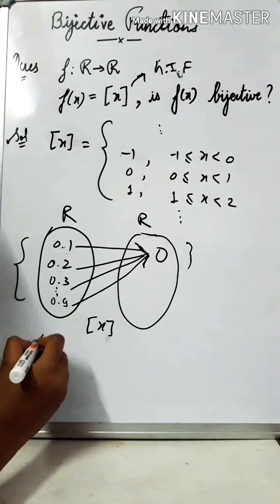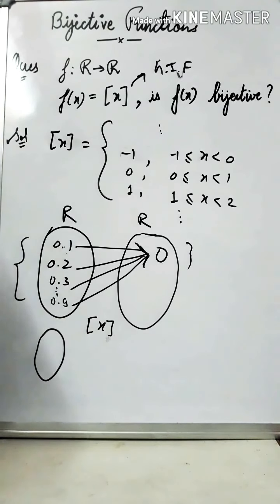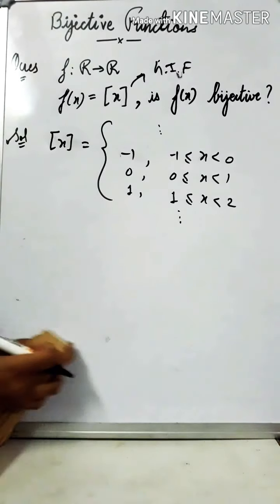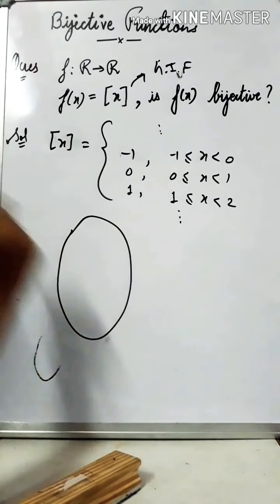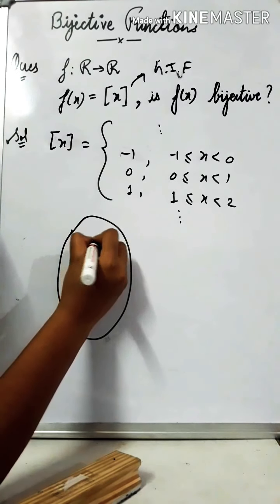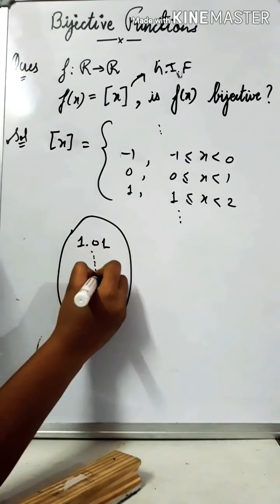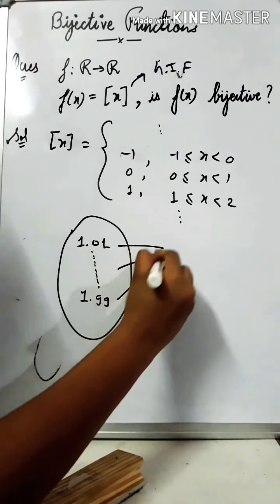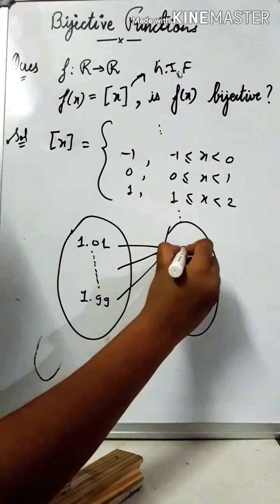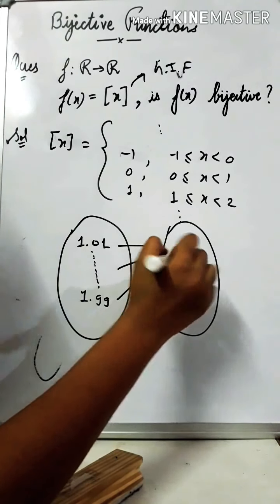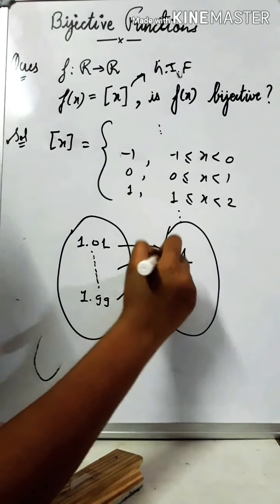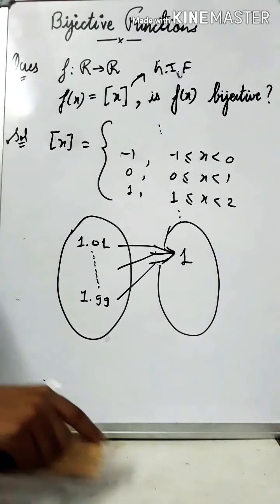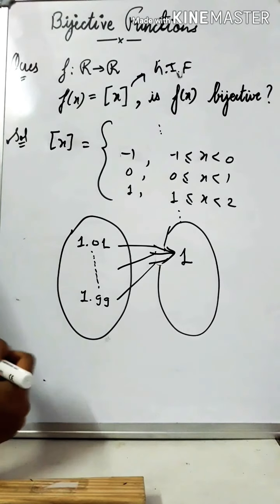You see, from all the elements, suppose from 1.01 up to 1.99, all will have the image 1 only, right? So this is a many to one function. So your function being 1 1, the possibility is completely ruled out.